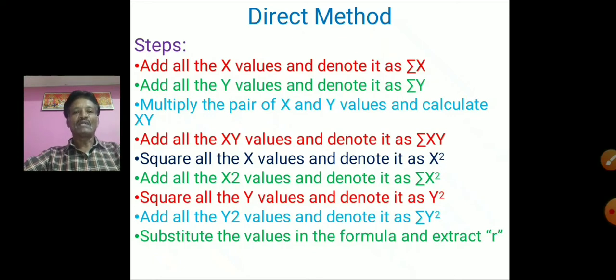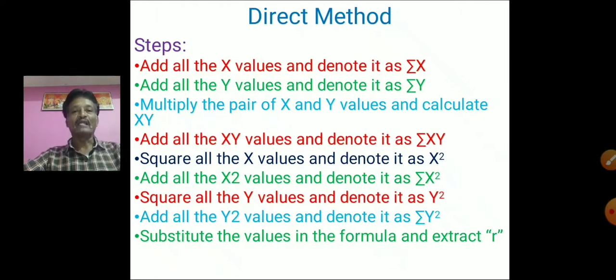Then you multiply the pair of x and y values, and it is denoted by xy. Under the direct method, here you take x and y in capital letters. First you take the first value of x and the first value of y, multiply these two values, and enter that value in the column xy.